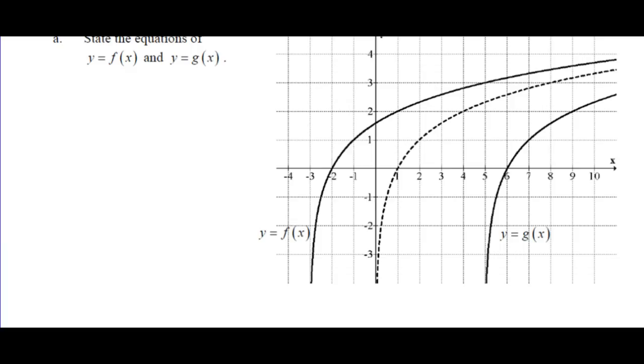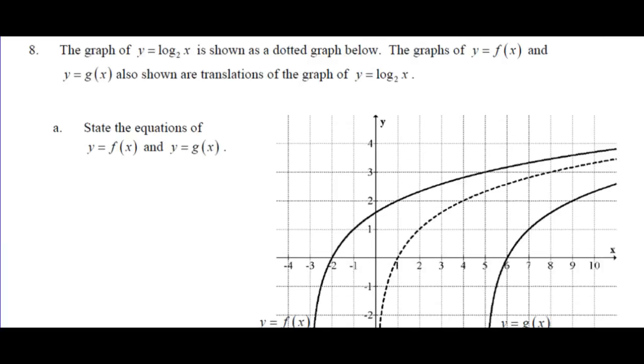Okay, so how do we do that? What gets replaced with what? Okay, so it's log base 2 of x plus 3, right? If x is replaced by x plus 3, we have a horizontal translation left 3 units. Okay, cool. What's g of x?